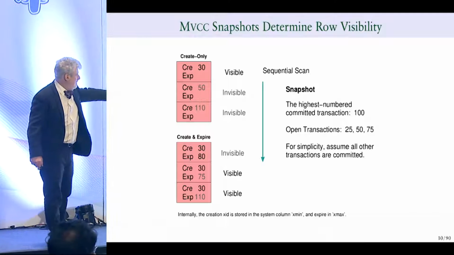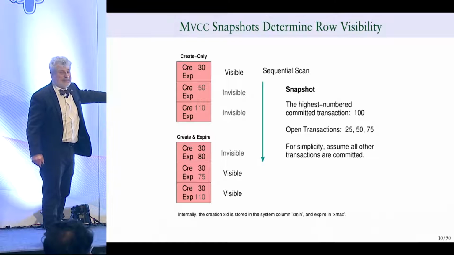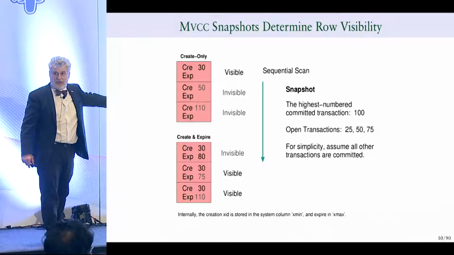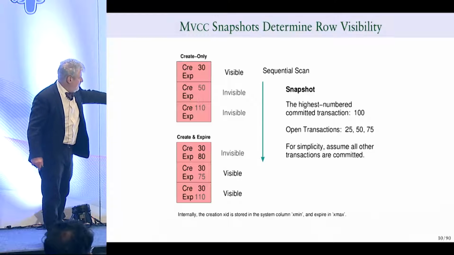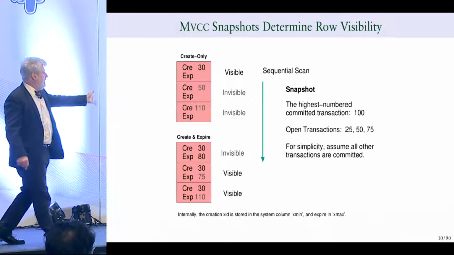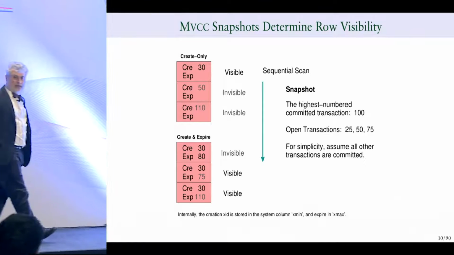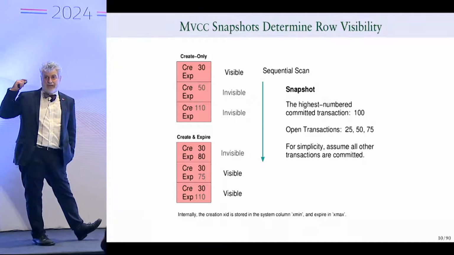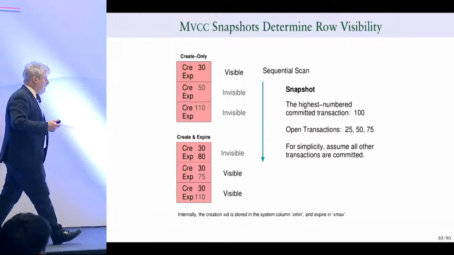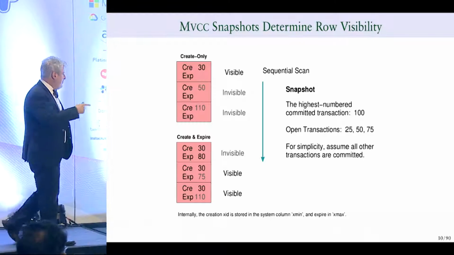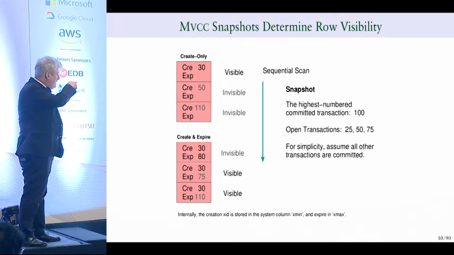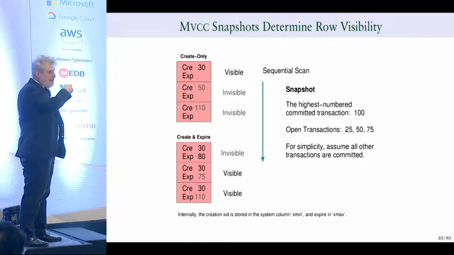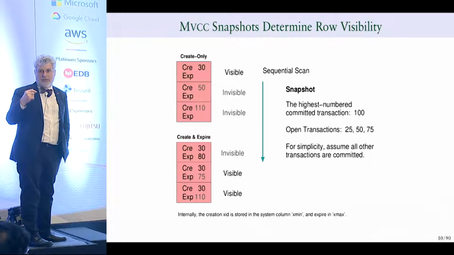Second one, creation 30, expire of 75, we can see that row because the expire is a running transaction, okay? And then finally, creation 30, expire 110, again, that's visible because the creation's valid, but we can't see the expire, okay? Internally, the creation is called Xmin and the expire is called Xmax, and I'll show you that later on, okay?